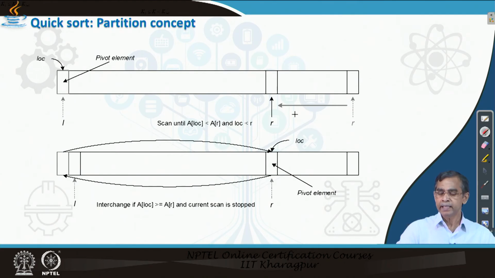So, suppose at any moment the pivot comes here and this is there, and we just move in this way, so that we can move this pointer if we find that this element is less than this part, because if you place P, then it should be less than this element, that is the logic.